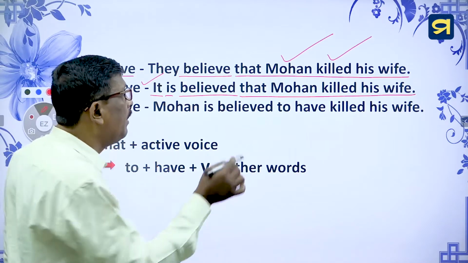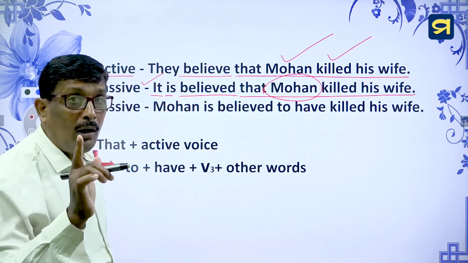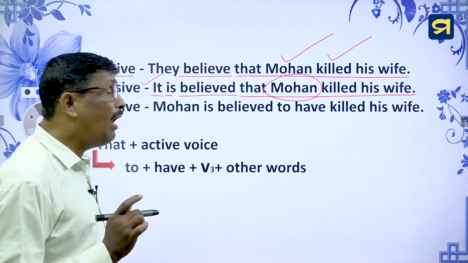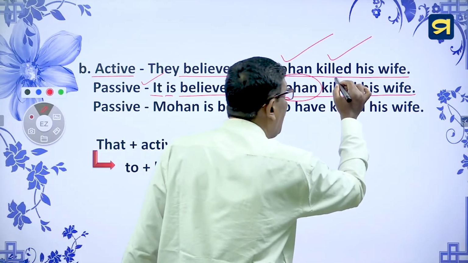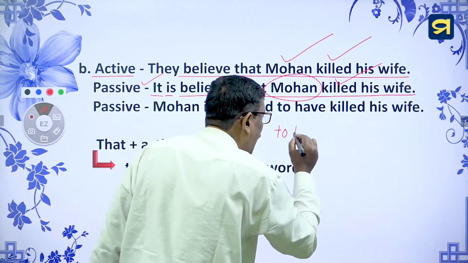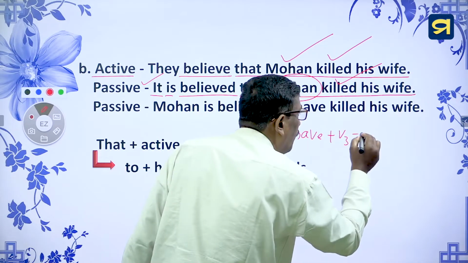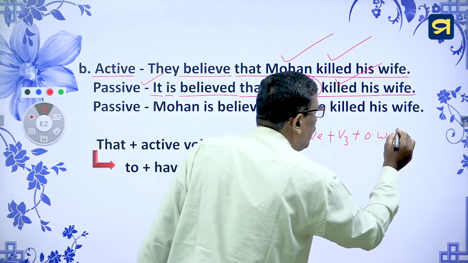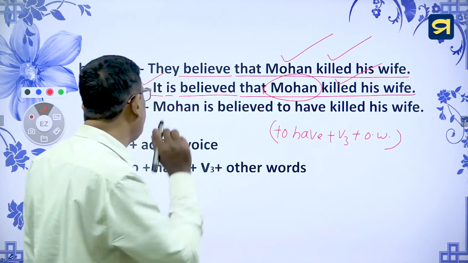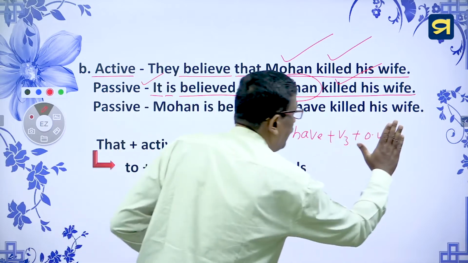But when Mohan is used in the beginning of the sentence, you have to follow a different rule. How? When active voice is here, how will we change? To followed by have, then V3 followed by other words. It is the way. So how will we change right now?